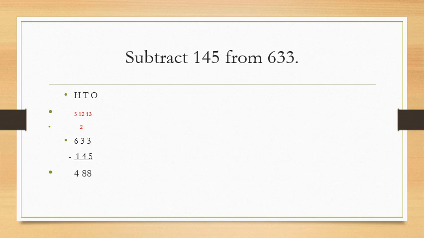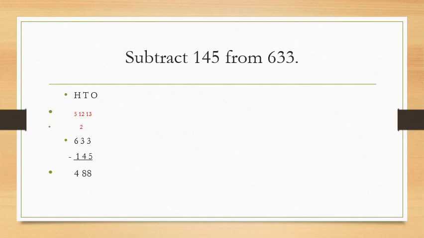Now at tens place, 2 is there. You can't subtract 4 from 2. So you will borrow 100 from 6 hundreds to make 5 hundreds and 12 tens.